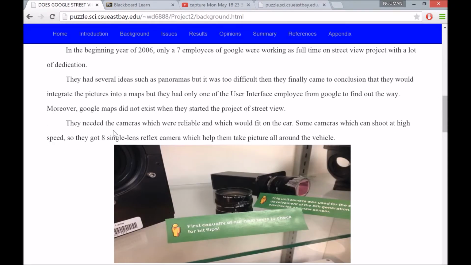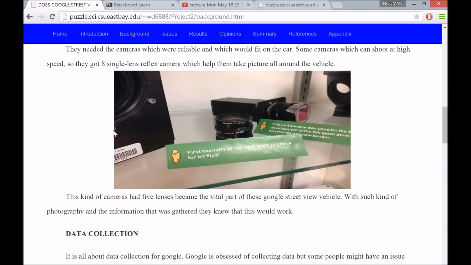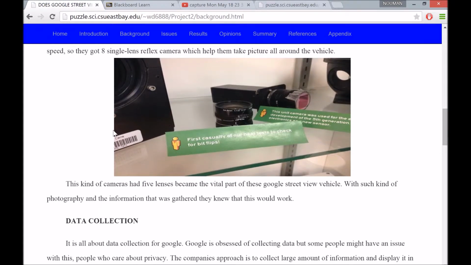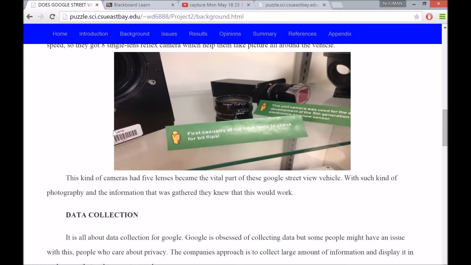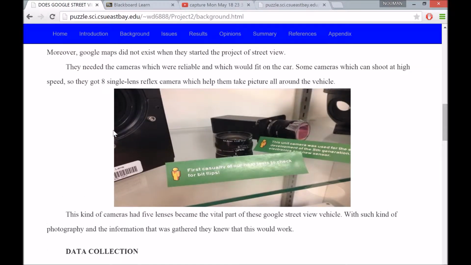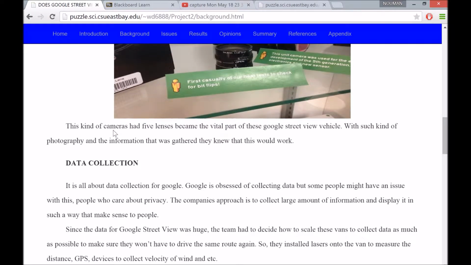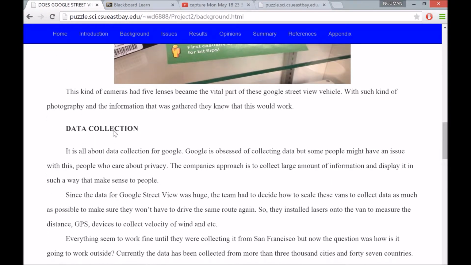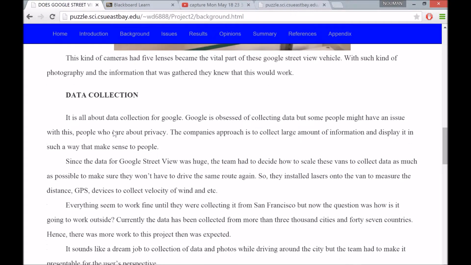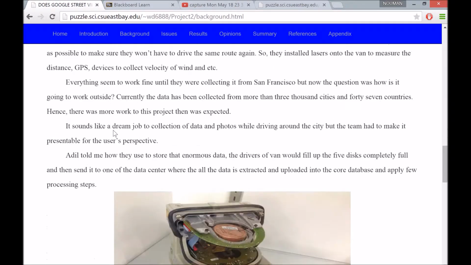They used different types of cameras. At the time, there was no advanced camera technology, so they had to design some of their own cameras to take pictures from different angles. When they were collecting information, they also had to store it.